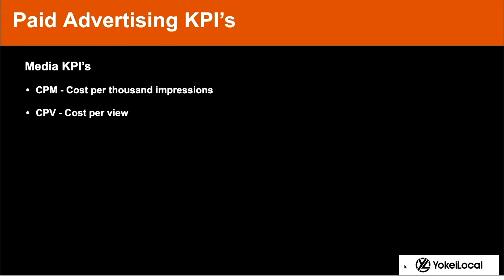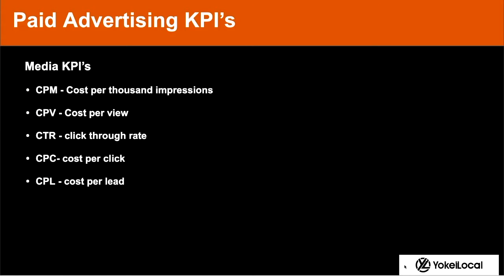That's how much you're paying for someone to view your ad. Another KPI that you should be aware of is click-through rate. So this is someone that has clicked through to your offer, which is pretty important. And then you have CPC, cost per click, how much you're paying on a cost per click basis. You see, you can use any of these as your KPI. It all depends on what your goals are.